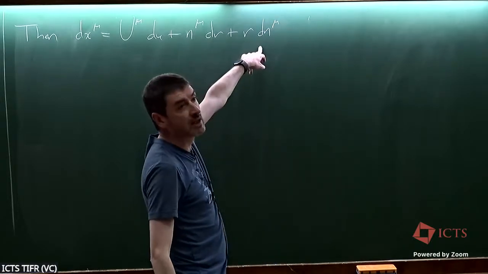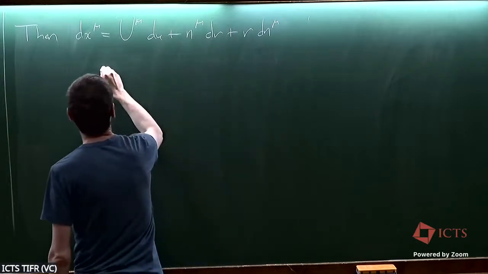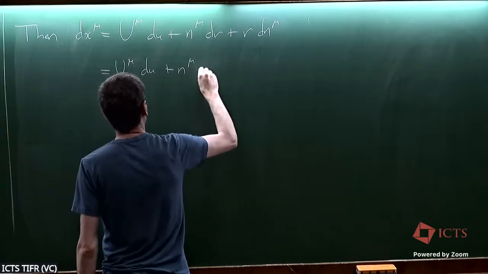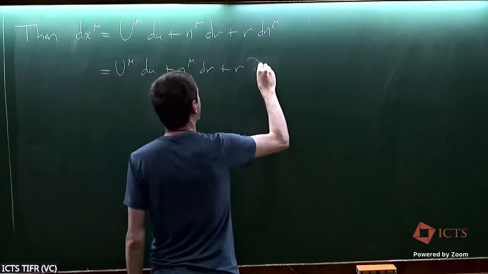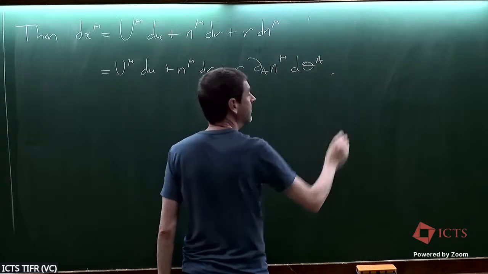Those are the angular parts. There are two angles, the thetas in here, so I could rewrite this as u mu du plus n mu dr plus r d_A n mu d theta^A.